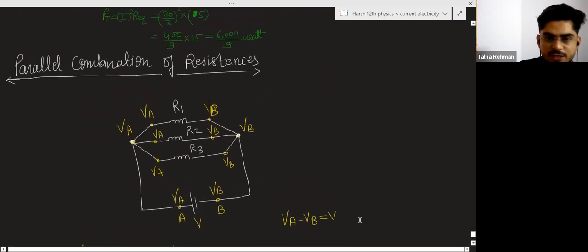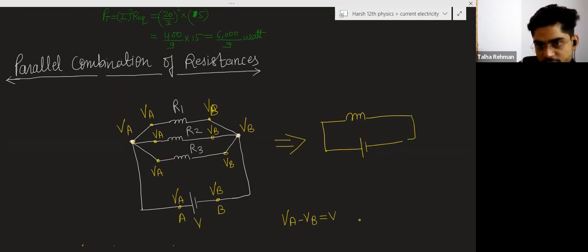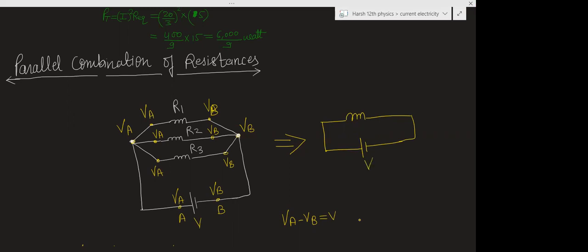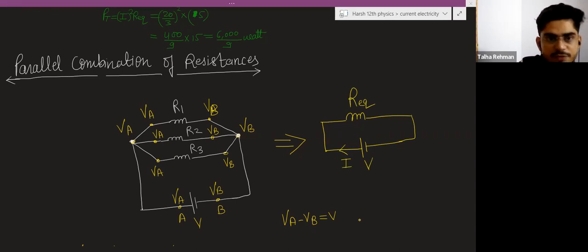What I am doing, I am just making an equivalent circuit of this. Instead of all these three resistances, I am taking one resistance, and this resistance I am connecting with the same battery of voltage V. This is R equivalent, and current I is flowing like this. See here the distribution of current.